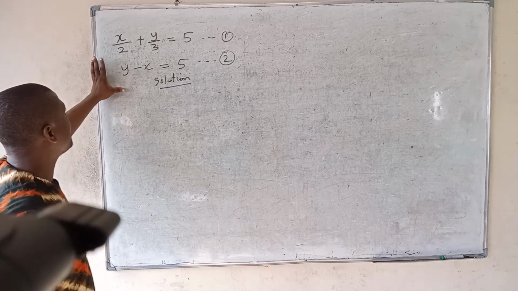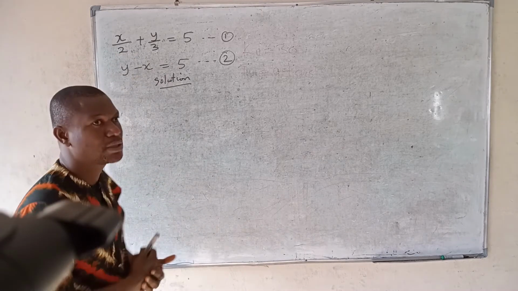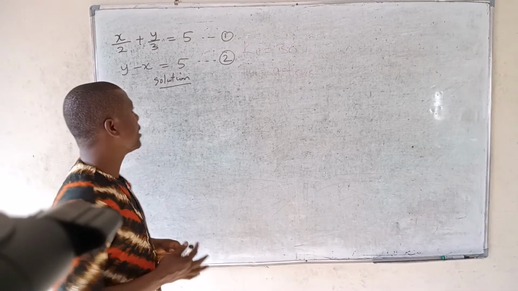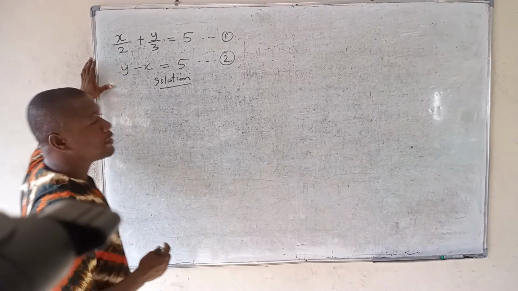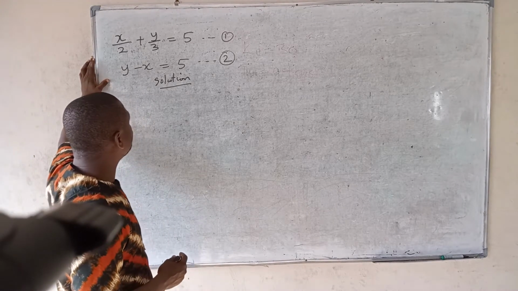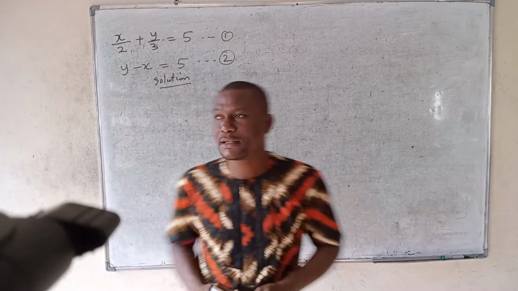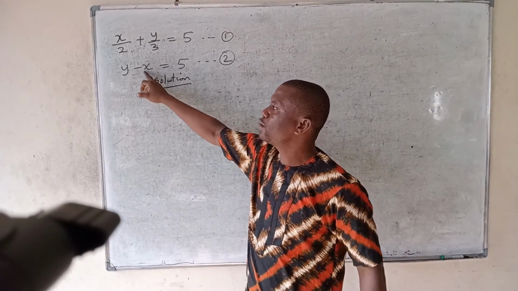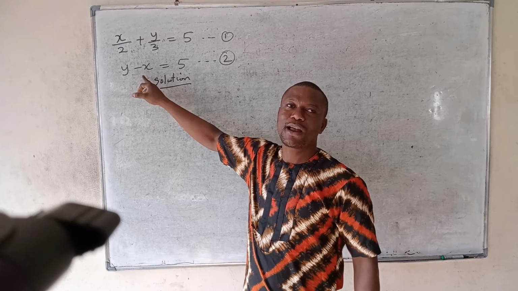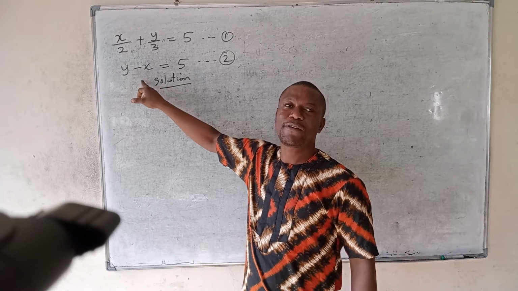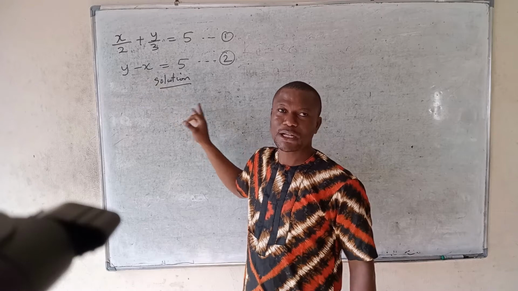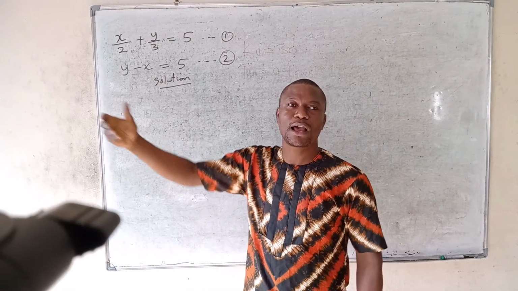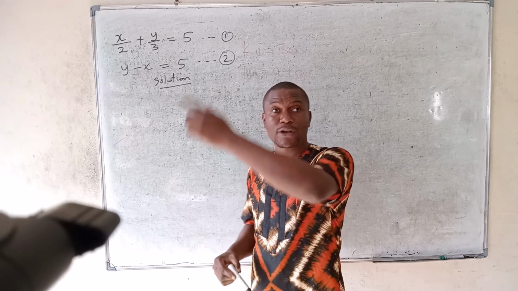So let's look at this and use the substitution method to solve the problem. As you always know, the substitution method requires that you make a particular variable the subject of the formula and use the expression to substitute in the other equation to solve for the other variable.